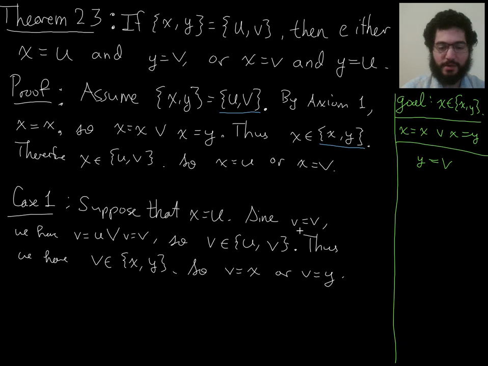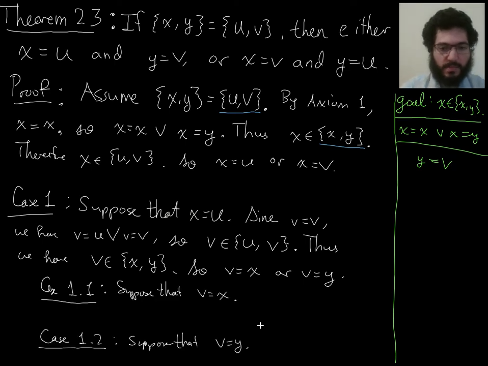So maybe it does not matter that we focused on the V rather than focusing on the Y. Anyway, yeah, so this will lead to another case split. So case 1.1, suppose V is X, and then case 1.2, suppose V is Y.